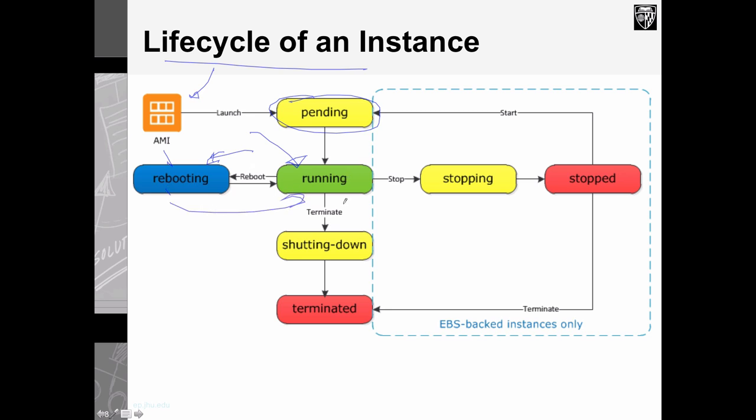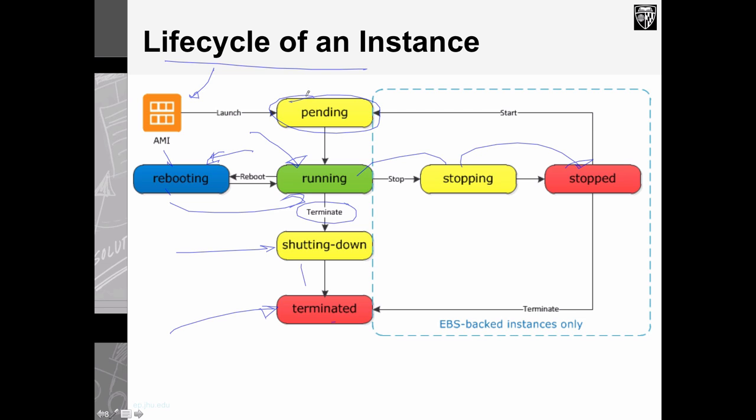When you're done with that instance, you can choose to terminate it, and it transitions into shutting down, and then the state becomes terminated. You can also choose to stop that instance, and the state turns into stopping, and then eventually it goes into the stopped state. So these are the three stages in the life cycle of an instance: running, terminated, and stopped.